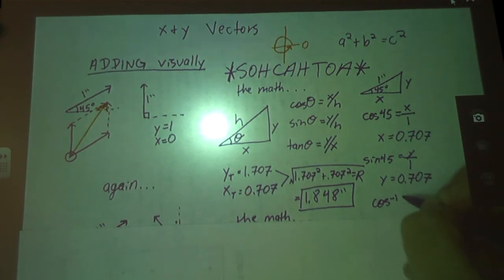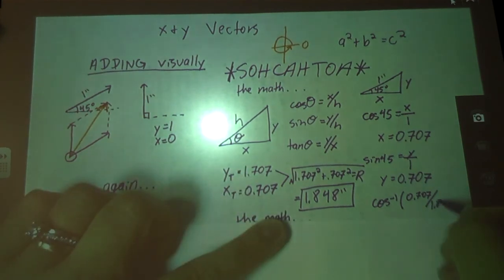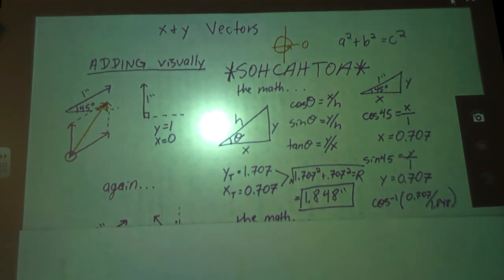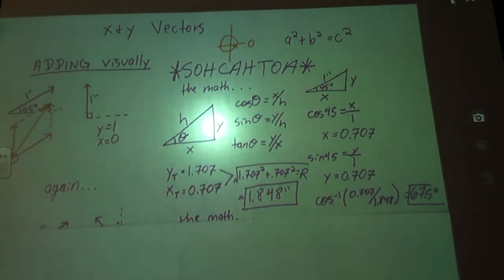So we'll do inverse cosine of x over hypotenuse, which gives us about 68 degrees.